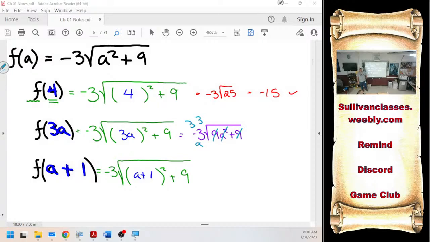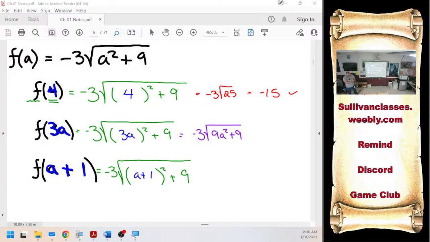Don't you dare. What's allowed to come out of radicals? Okay, I'm hearing kids say multiples, multiply, because it is about factors. What times itself makes this thing. Those aren't factors because there's a plus sign in there.